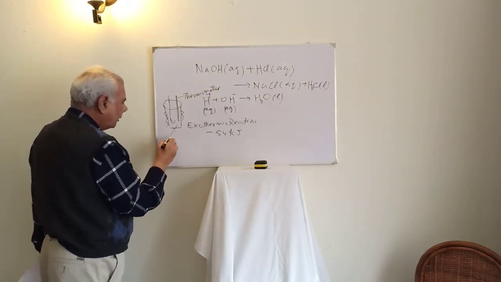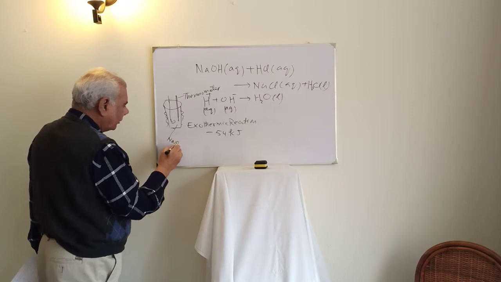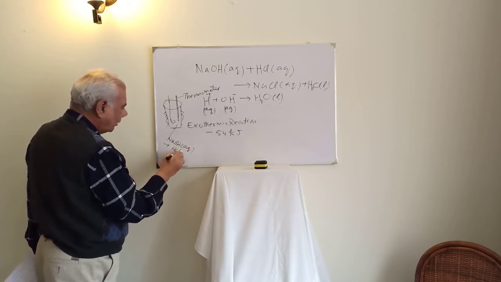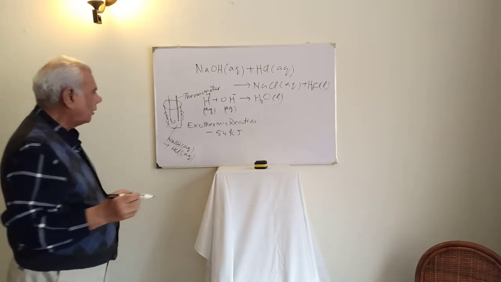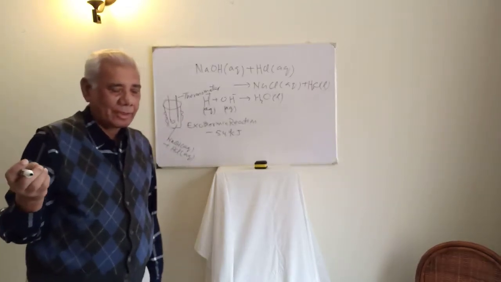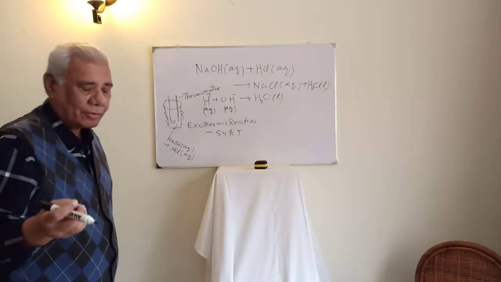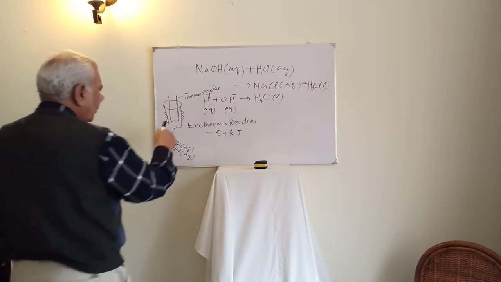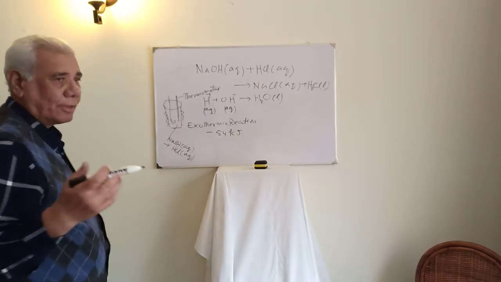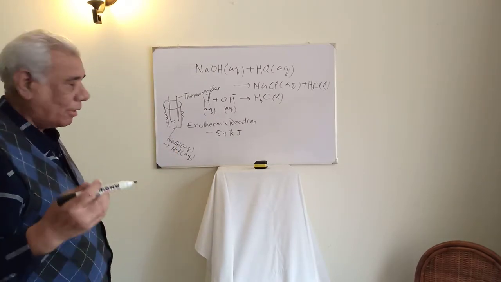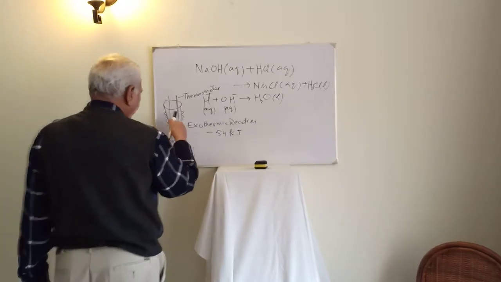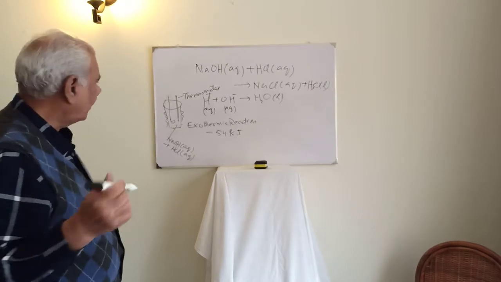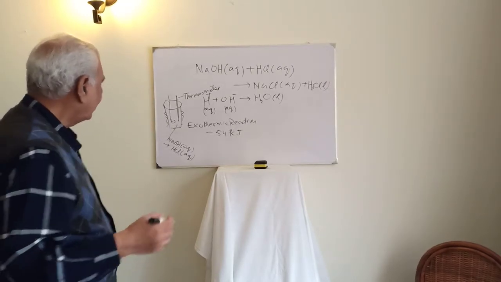Now when you mix NaOH solution plus HCl aqueous, the reaction takes place and heat is evolved. That will warm the solution, and the temperature increase will be measured by this thermometer.